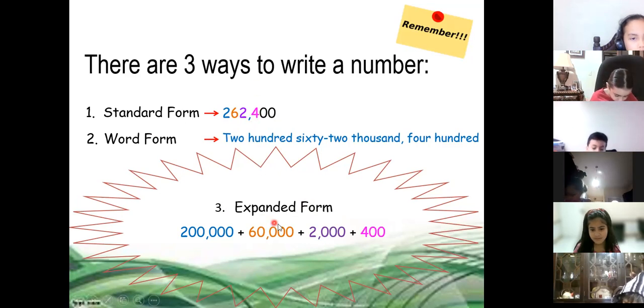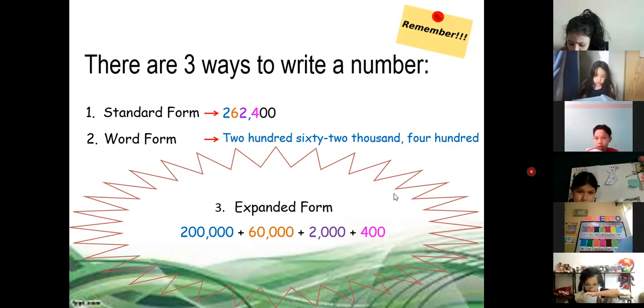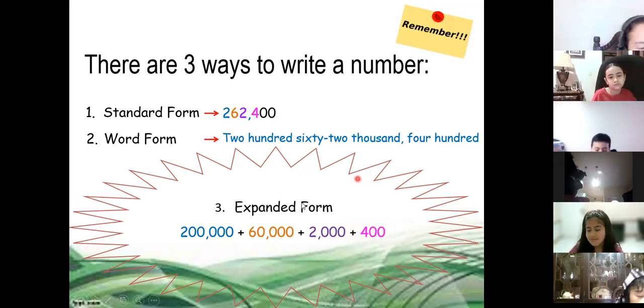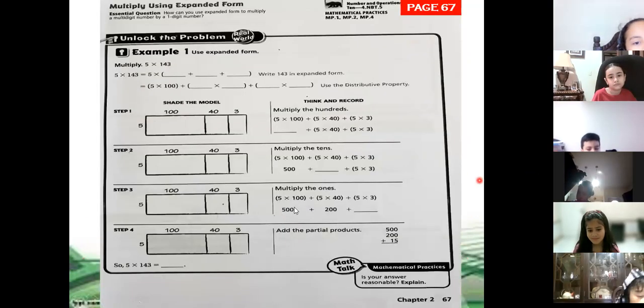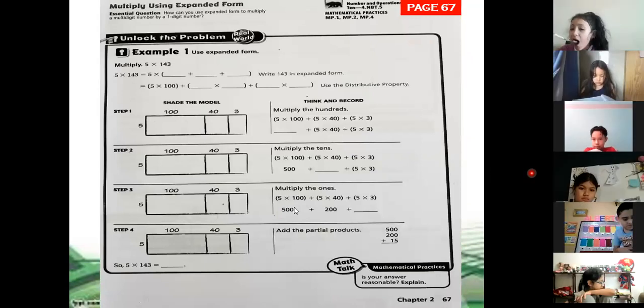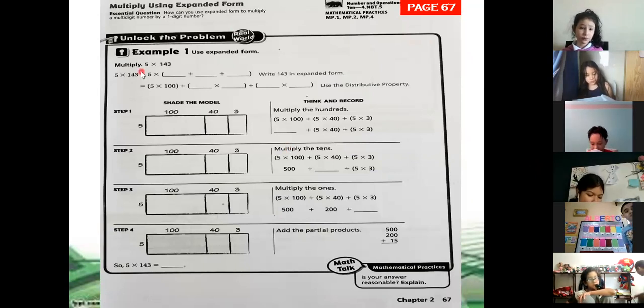So don't forget expanded form. This is important because we're going to use it in a new way to multiply. So everybody open book page 67. We're going to multiply using the expanded form.